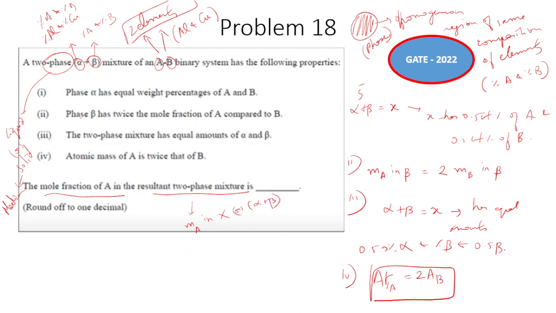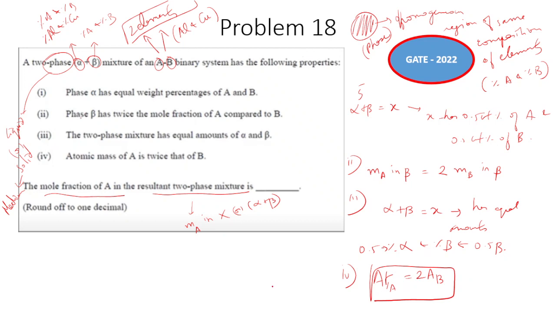Okay, so the first thing we have to do is, since there's not much time, Sir, is the answer 68.75%? Which value are we talking about? The mole fraction of A in X. No, actually this is a little complicated. The value of 67 you told is actually the weight percentage of A in alpha and beta.